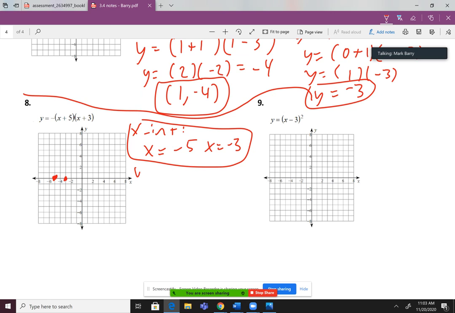So let's find the vertex next. So I'll add those x-intercepts up and divide by 2. I get -4. I also see once again that that's the x value that's right in between my two x-intercepts. So that's also a good confirmation there.